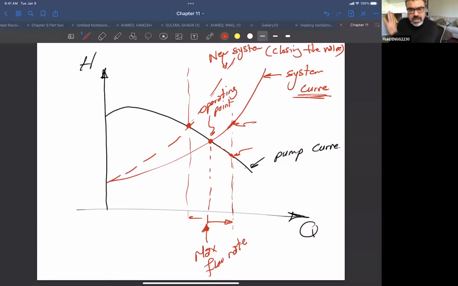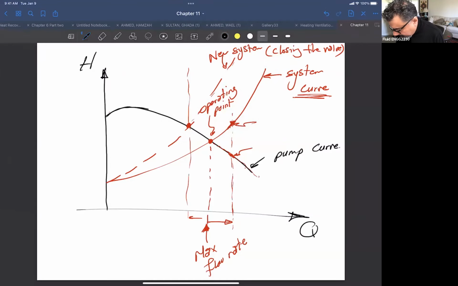Okay. So decreasing the flow rate in the pump is easier, right? This is no problem. But increasing for the same speed, for the same pump, everything, you cannot do anything. If you want to achieve this point here, what are you going to do in this pump?